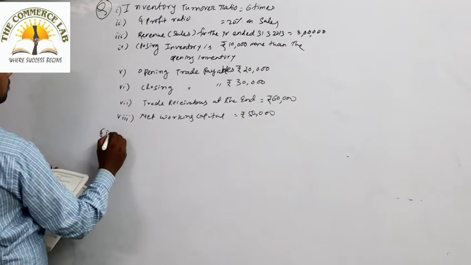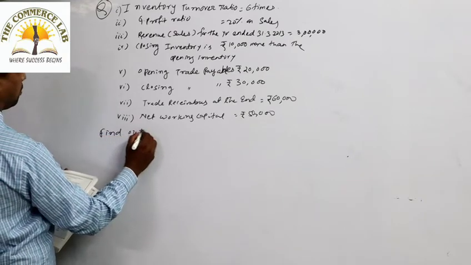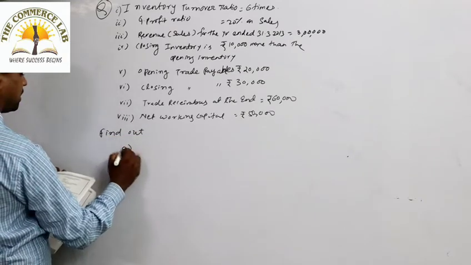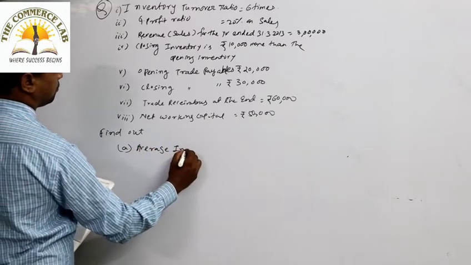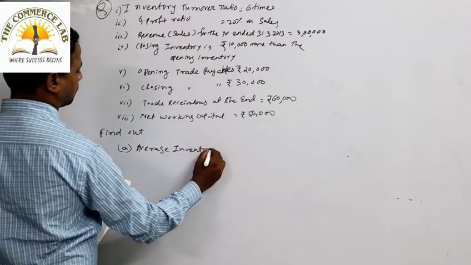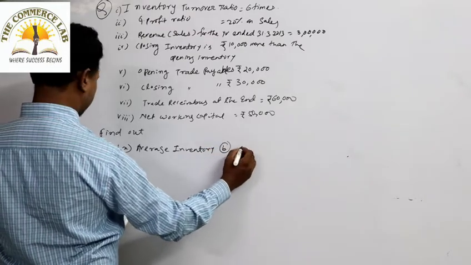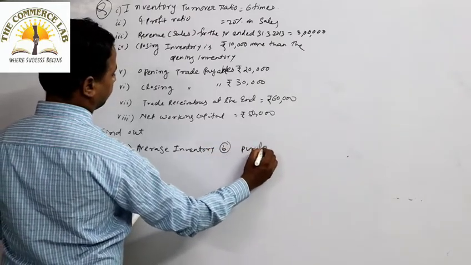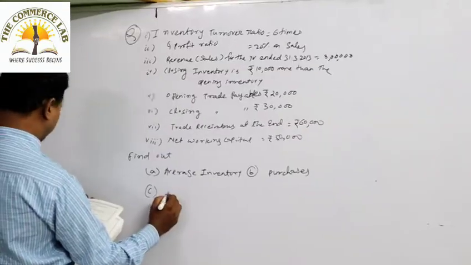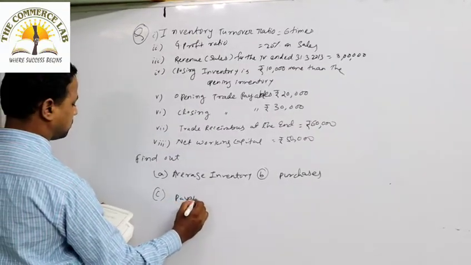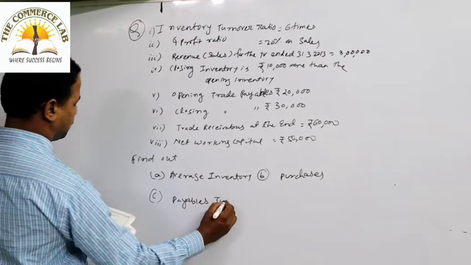Then we have to find out, exclusively in this question: first, average inventory. Thereafter, second, purchases. Then part C, payables turnover ratio.